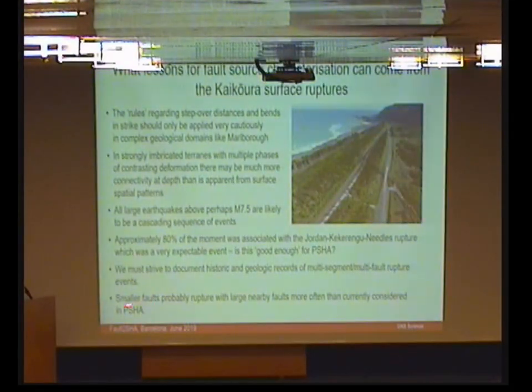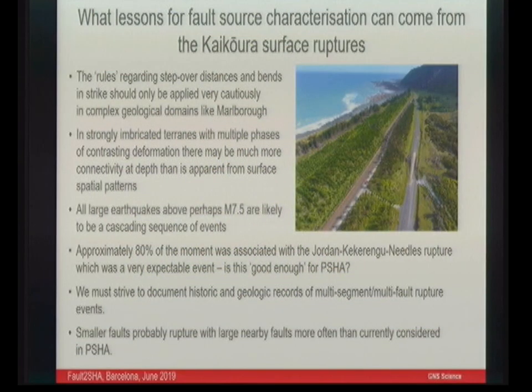And I think maybe the other way around, some of these smaller faults may very frequently rupture with the big events, but we haven't focused on those in our seismic hazard or paleoseismic studies to know whether that's the case or not. So that's an open question, I think.